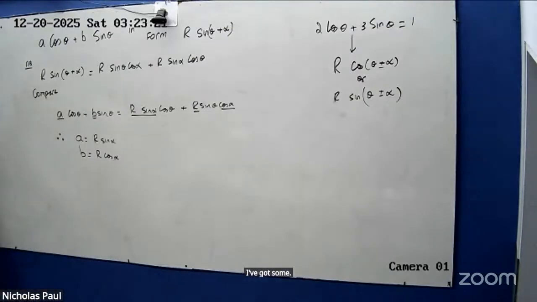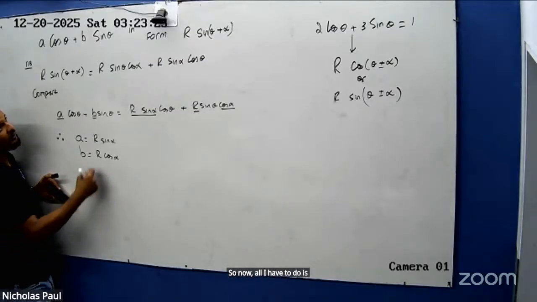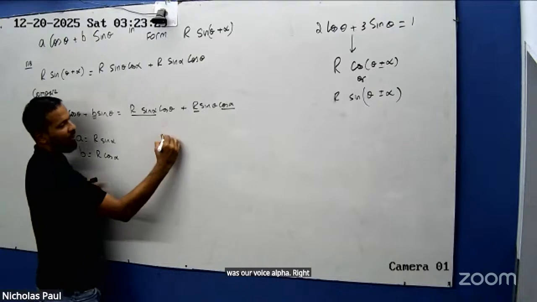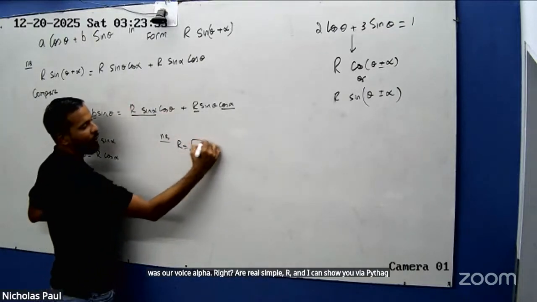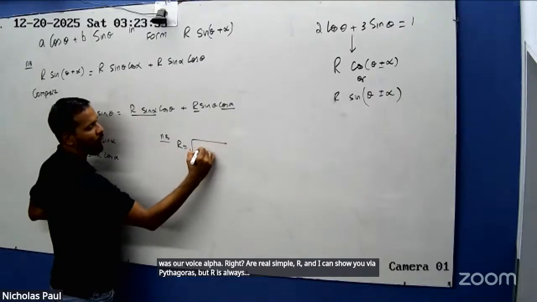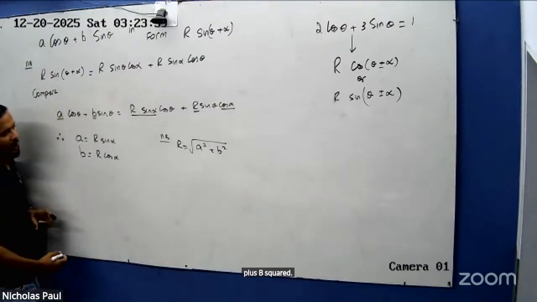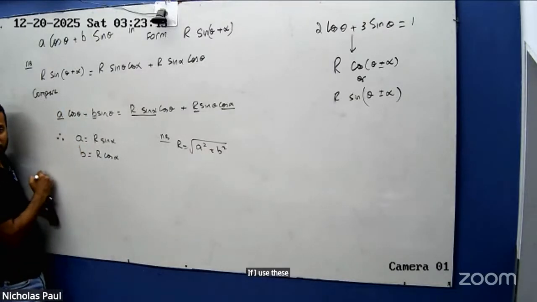So now all I have to do is figure out what R is and what alpha is. R is simple. I could show you via Pythagoras, but R is always the square root of A squared plus B squared. The hard part is to find alpha. If I use these two and I divide them, what will I get?